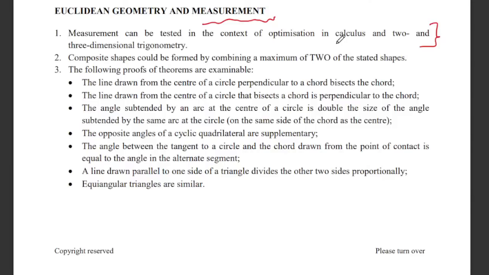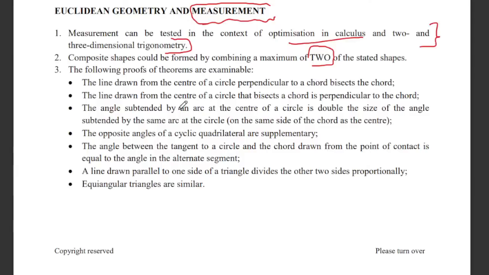So they're telling us that measurements tested in calculus, we saw that, the 2D, so when you have the 2D dimension trig, or the 3D, it can also account for the measurements. Okay, composite shapes, these are basically two shapes that are combined together. They're telling us we only have a maximum of 2 shapes, we cannot have 3. We can have a cube and maybe a rectangular prism combined.